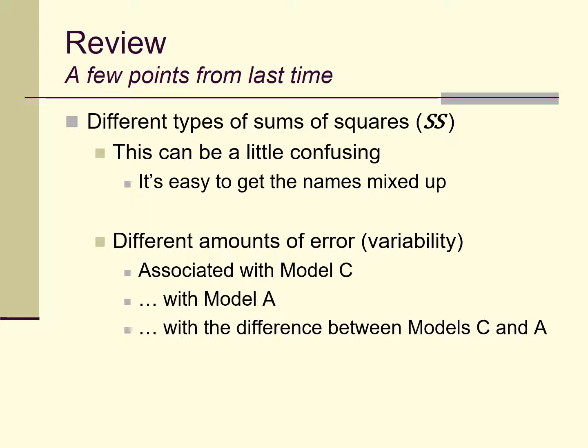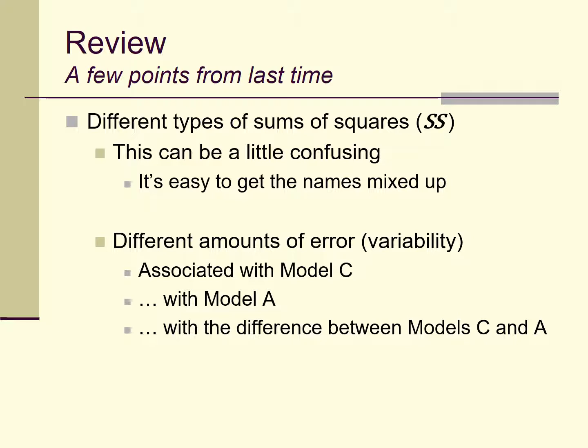As a general point, you can keep in mind that they're all referring to different amounts of error or different amounts of variability, which is almost always variance, associated with either a compact model, with an augmented model, or with the difference between using the compact model or the augmented model on your data set. So it can be a little bit confusing just remembering what these sums of squares are. Take some time and practice it, pay attention to the lecture, and hopefully, if not now, then soon, you'll have it down pretty well.